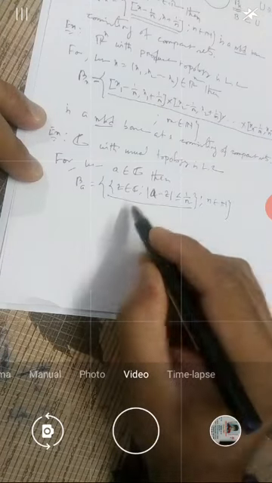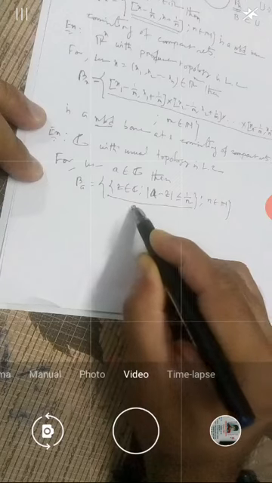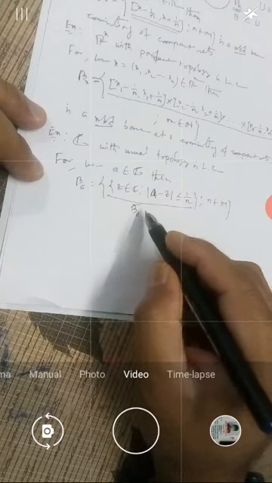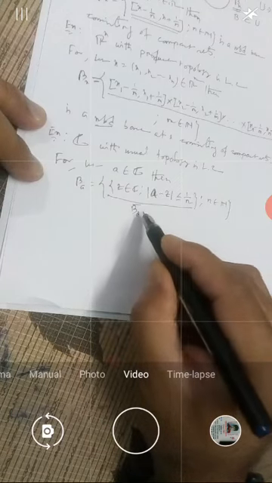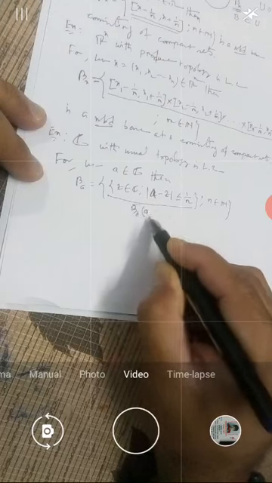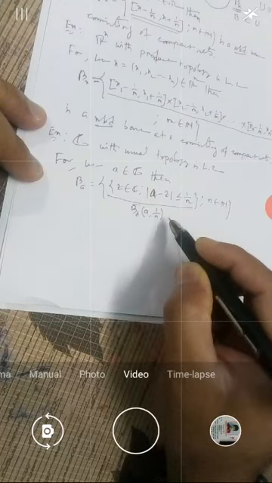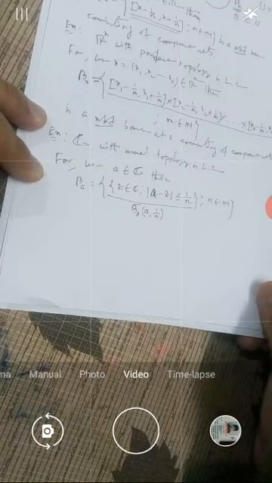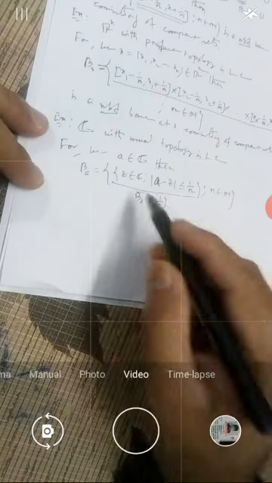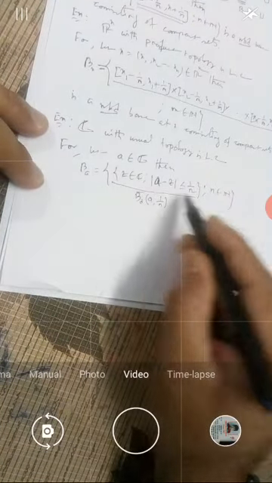Actually this is nothing but the closed ball centered at the point A having radius 1/n. So this being closed and bounded, it is also compact.